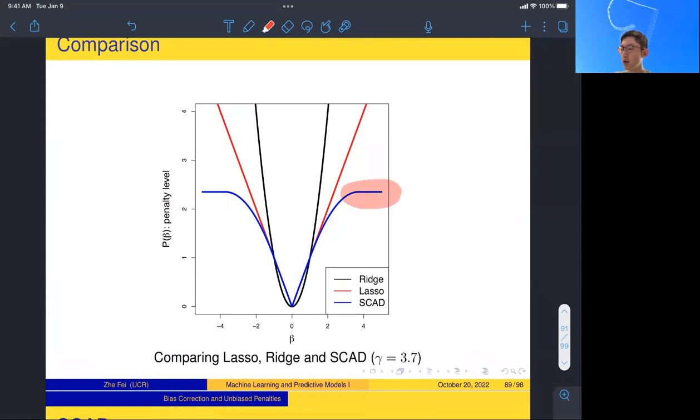Once again, the x-axis is beta. For larger true beta values, you do not increase your penalty. The penalty becomes a constant, so you penalize those large betas less, so that you get less biased estimates for those large betas.